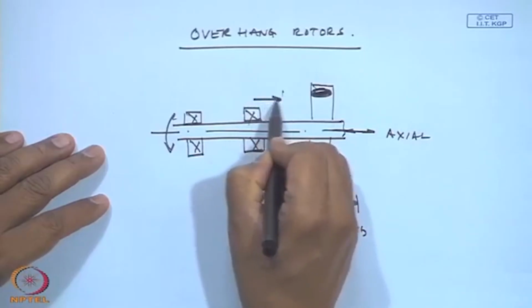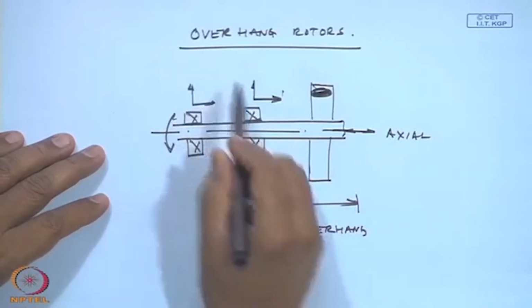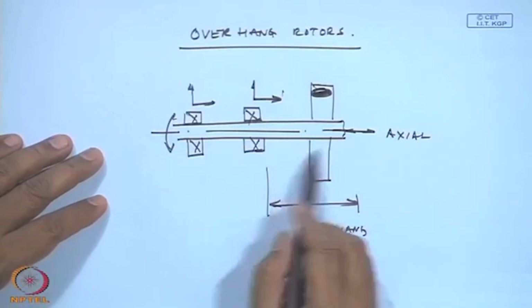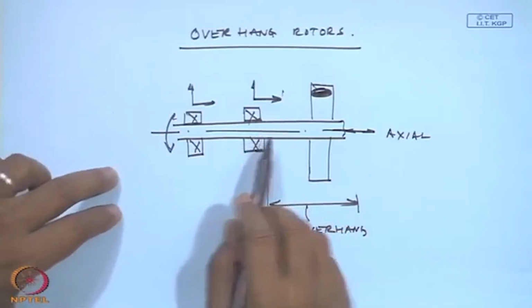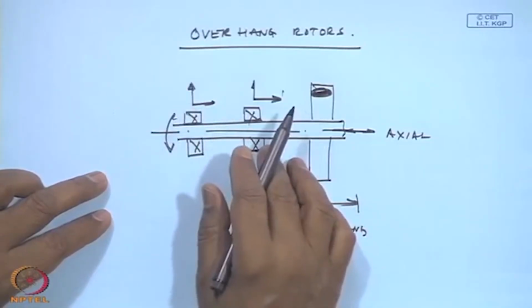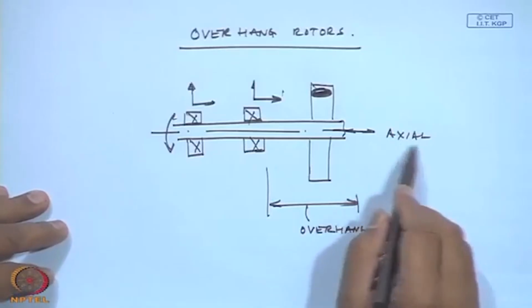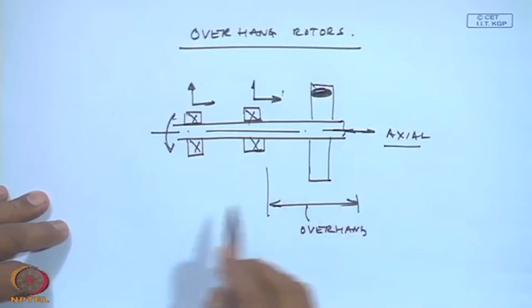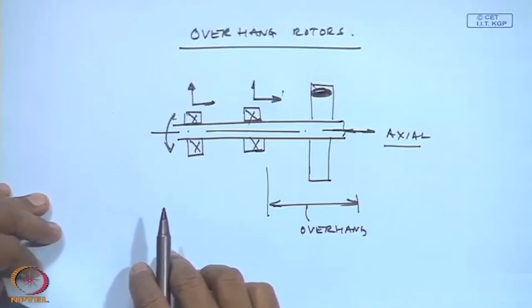So, this direction as well as this direction. Though the axial vibration may be unsteady, and the axial phase between these two may be a little unstable, they may not be stable. And this is again an example wherein on the overhang rotor, unbalance can be detected.